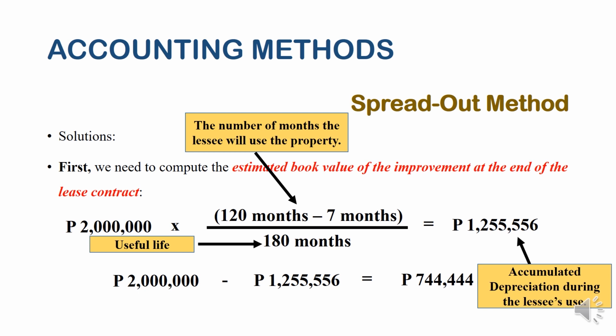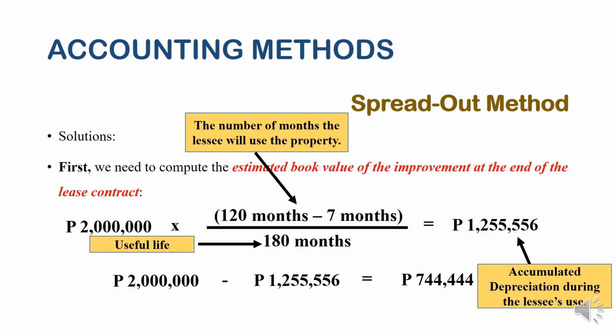That 1,255,556 is the accumulated depreciation during the lessee's use of the improvement. So that is 113 months.